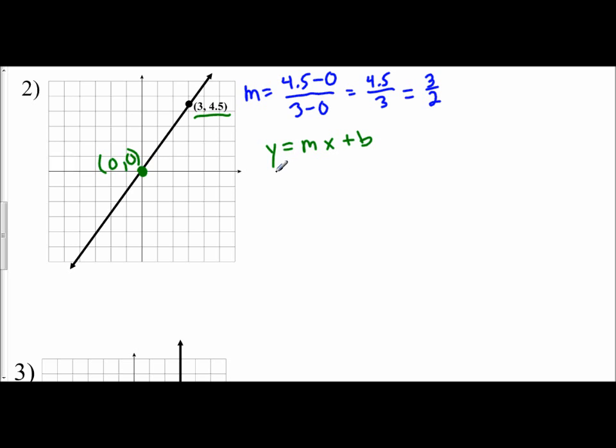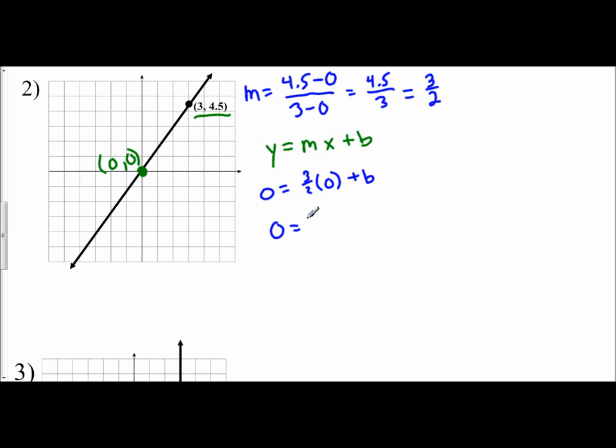So I need to find my x and my y. And in this problem, you're given two x and y coordinates. You can use 3, 4.5, but I'm going to use 0, 0. The reason why is because I have my slope of 3/2, and if I plug in 0 for x, multiplying by 0 cancels out the 3/2.